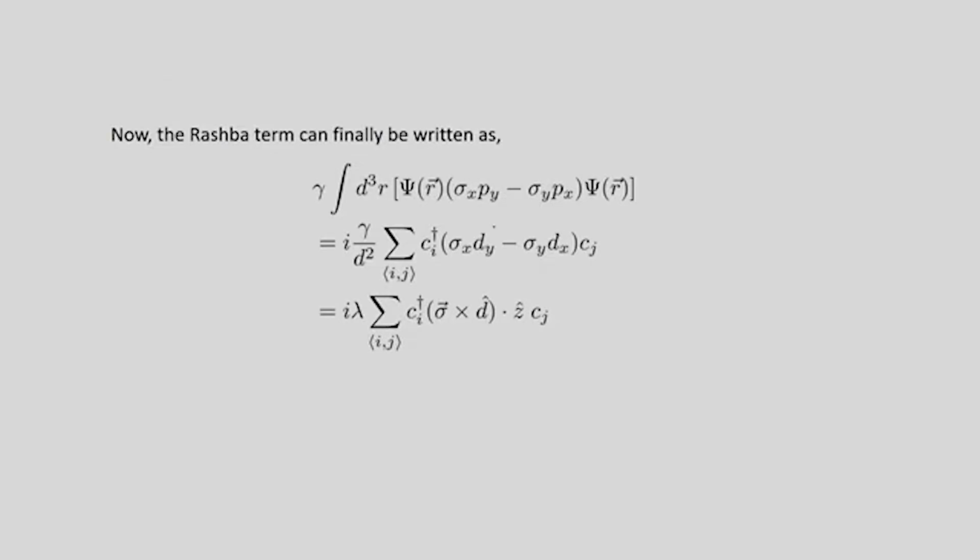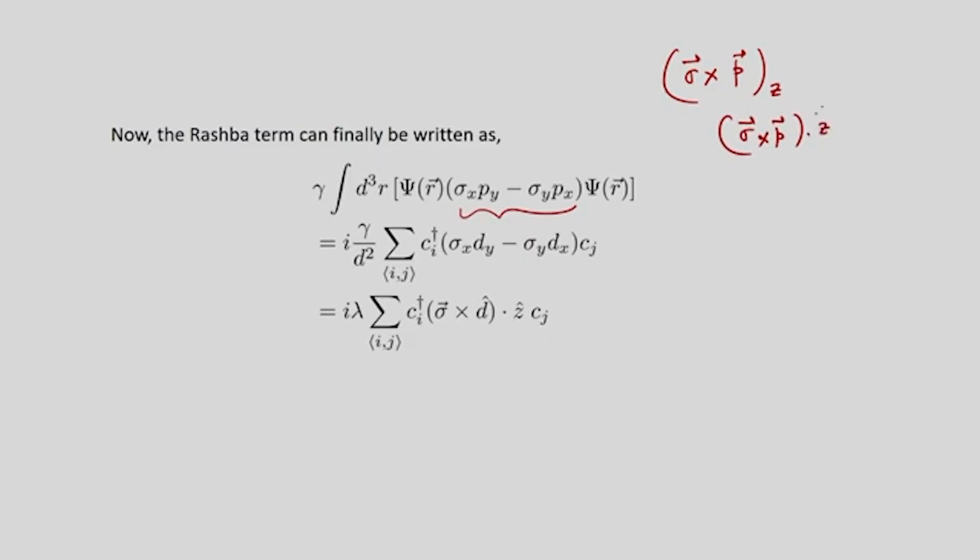Now, the Rashba term is written as sigma x py minus sigma y px. Okay. This is basically sigma cross p, and the z component of that, or you dot it with a z. Okay.